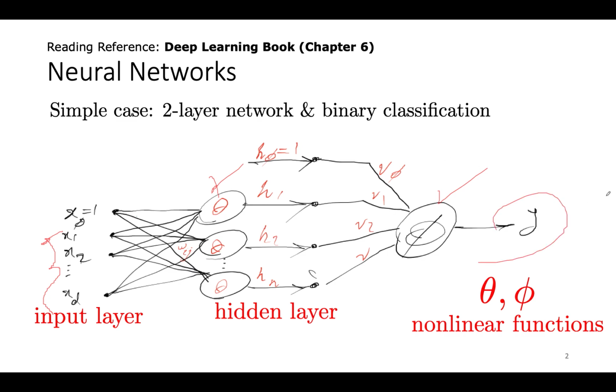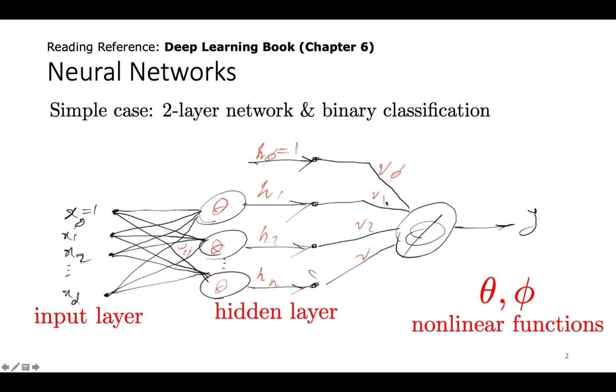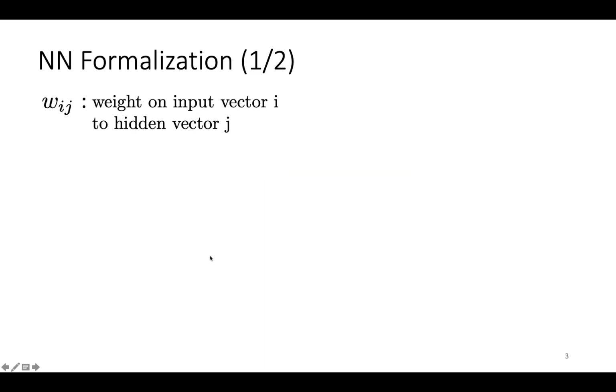About the formalization, we talked about this notion of Wij, which corresponds to the weight from input vector i to the hidden vector j. So for instance, W12 would be the weight from input 1 towards the second one. And we carry on.